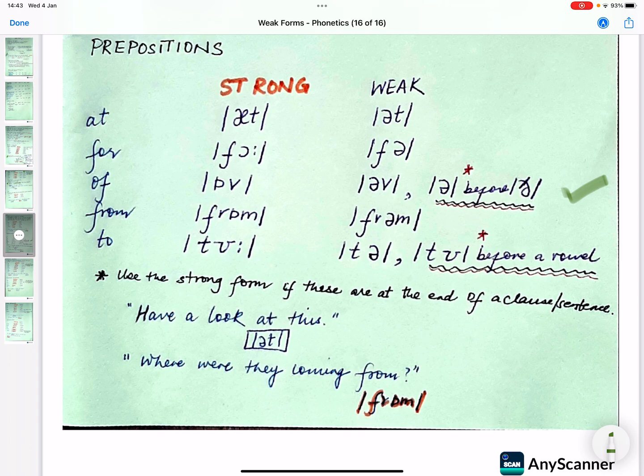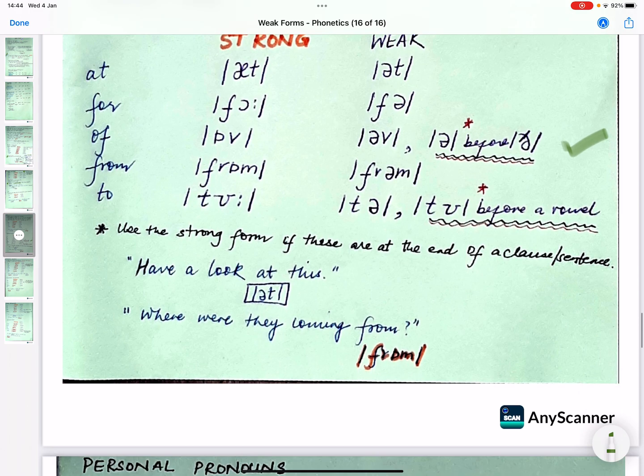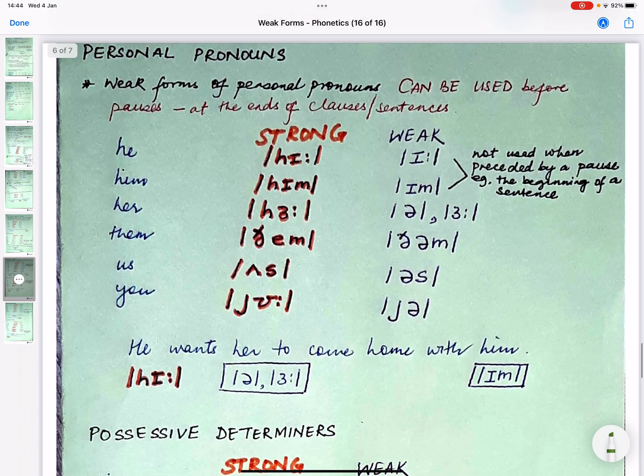So have a look at this. So you'll see that's in its weak form. And where are they coming from? So it's because it's at the end of a clause or a sentence, you are going to use the strong form.